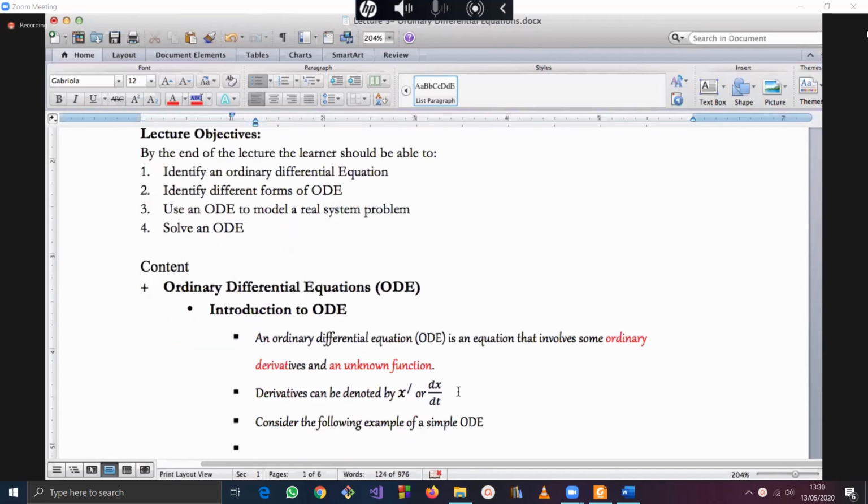An unknown function can be denoted by a function, so that now we know where we are heading.